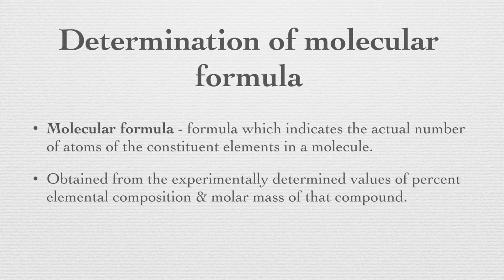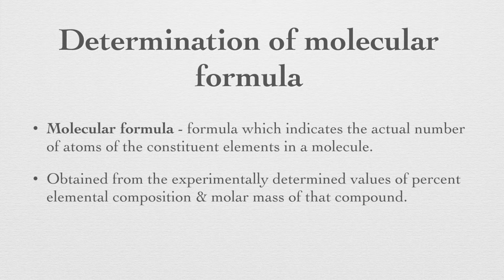Like that for anything, like ammonia. Ammonia is NH3. Over here nitrogen and hydrogen are the elements present in that compound, with 1 nitrogen atom and 3 hydrogen atoms. So this is what the molecular formula means.